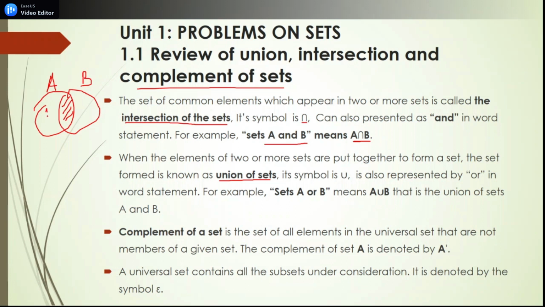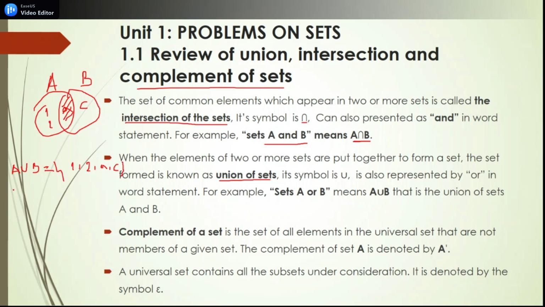For example, here we have A, here we have C. Intersection is between A and B. We will only count 1, 2, A and C for the union.